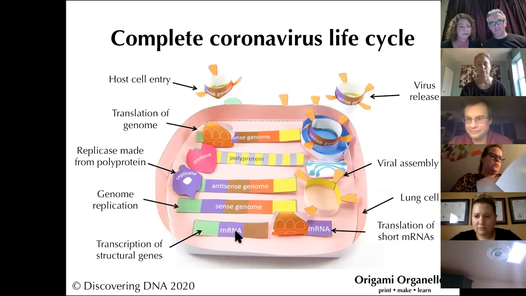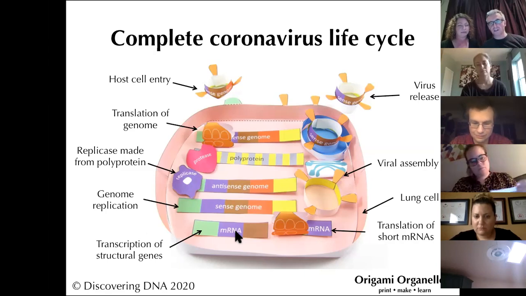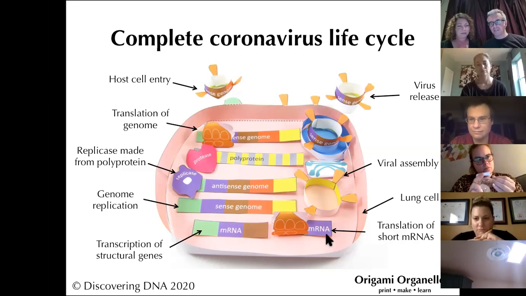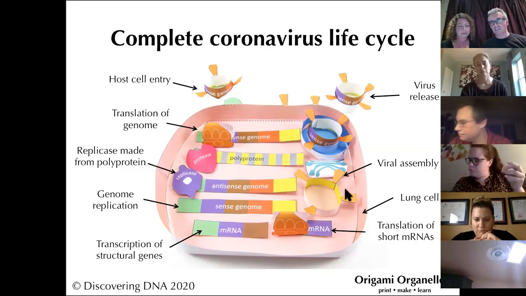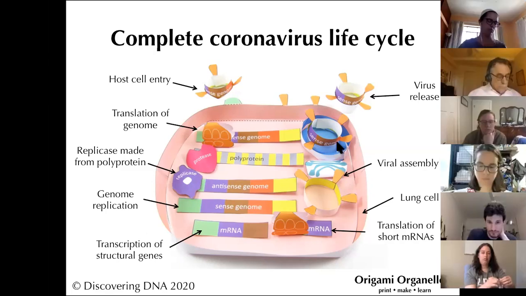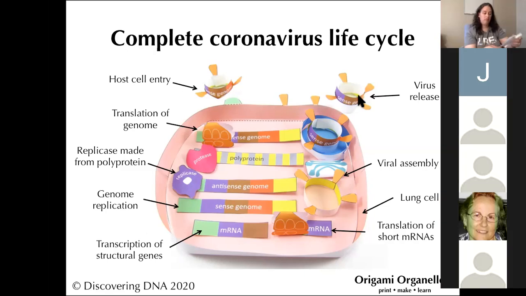And then some of the replicase also makes shorter copies of parts of the genome, which are messenger RNAs, and these are used to make proteins that are in the membrane of the virus. And then they're packaged into a membrane derived from the endoplasmic reticulum, and then assembled into viral particles, and then end up in a vesicle and released. And so that's the whole life cycle.